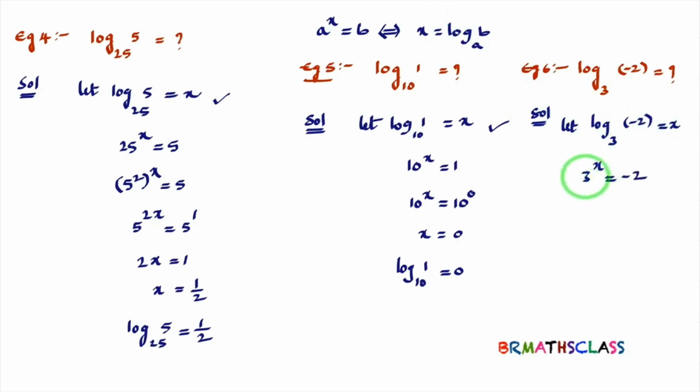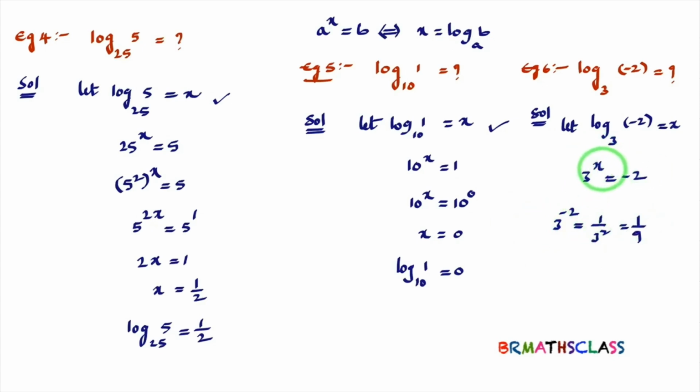Now you identify 3 power what number will give you minus 2. You see, 3 power any number is always positive. Suppose I write 3 power minus 2, in place of x if I write minus 2, what is this? This is nothing but 1 by 3 square, which is 1 by 9. This is positive only. So 3 power any number you write, it is always positive.